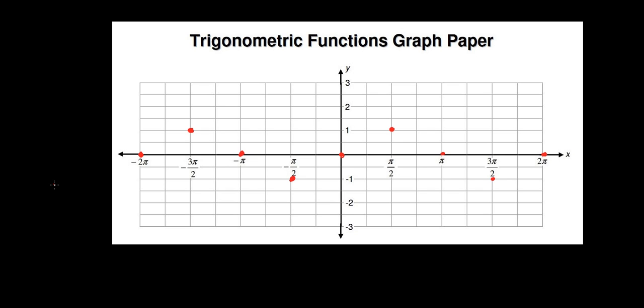So now let's join these points to get the smooth graph of sin x. Now here we will join the points. We are joining the points. Let me join once again.